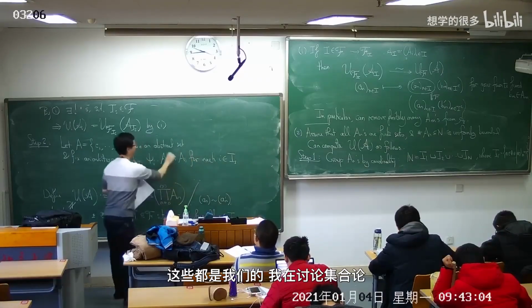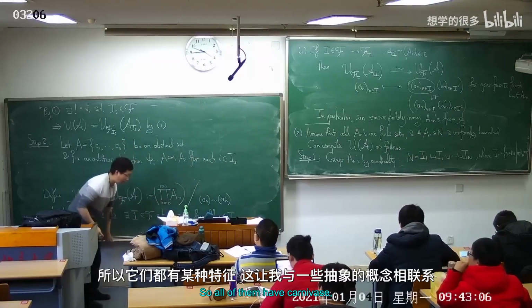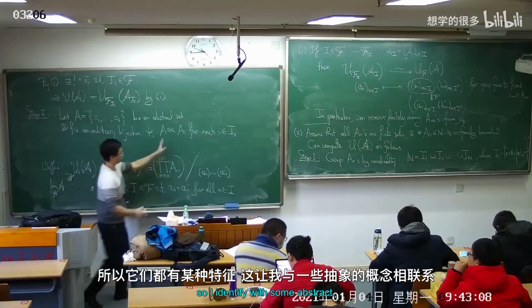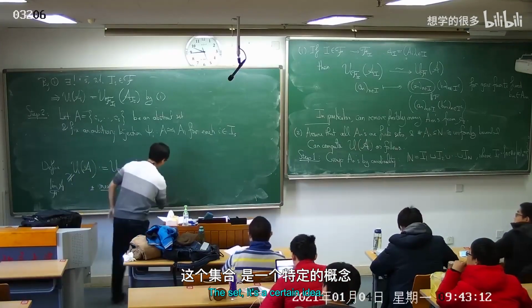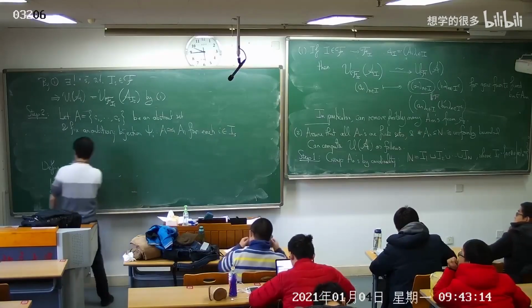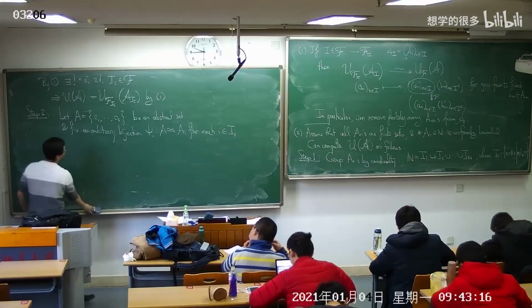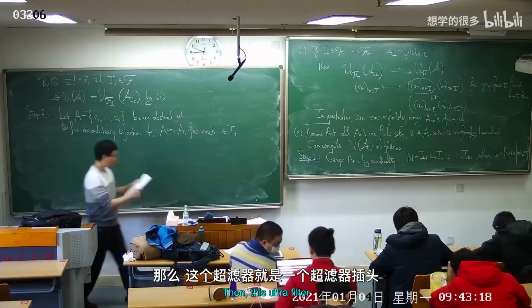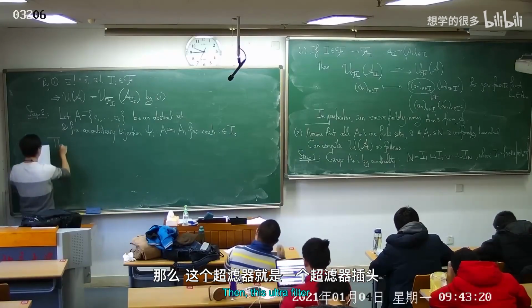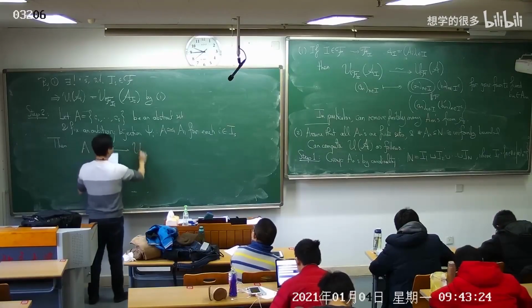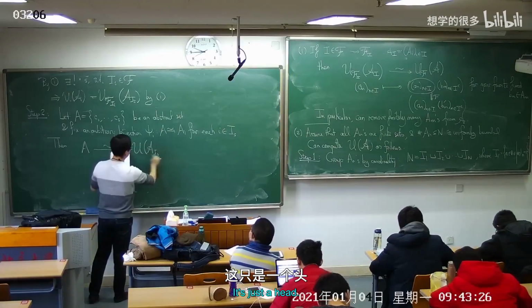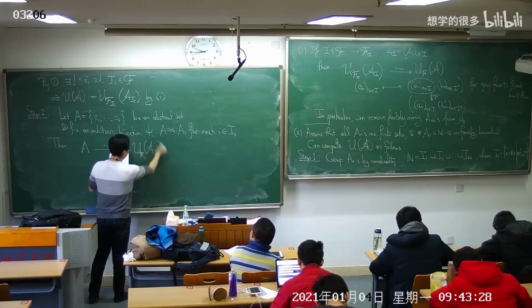I mean, I'm talking about set theory. So all of them have cardinality S, so I can identify them with some abstract set with cardinality S, no problem. Then this ultrafilter product is just A.